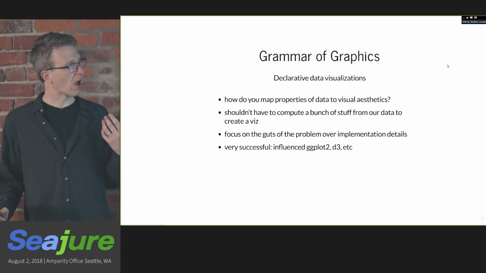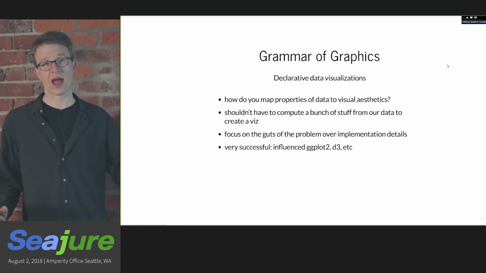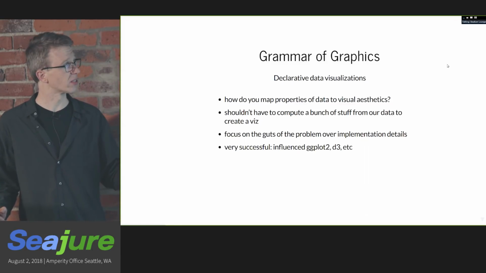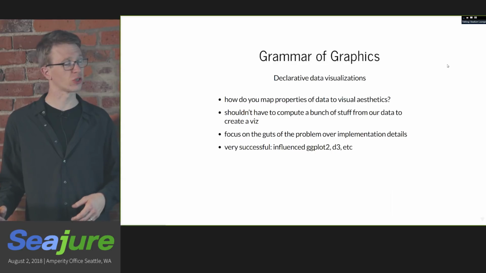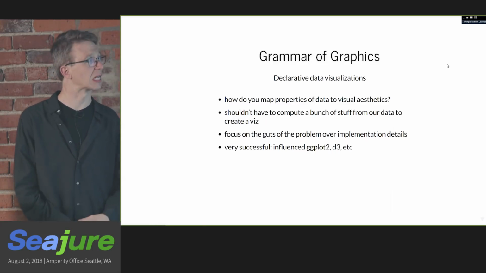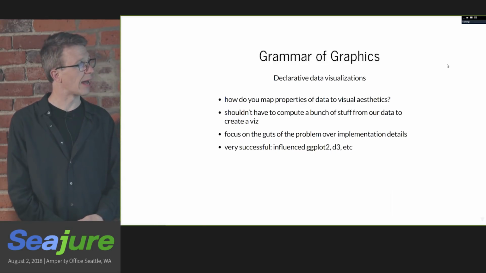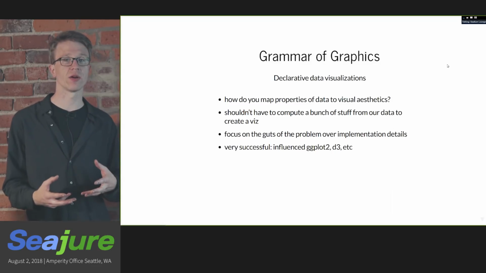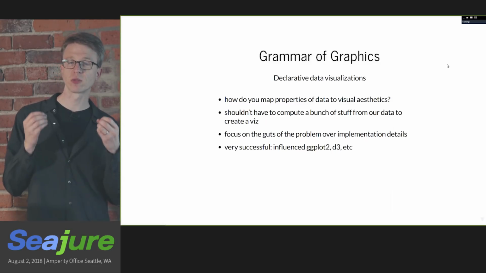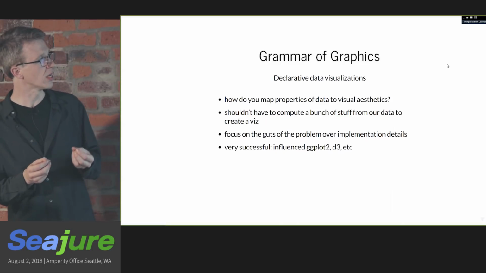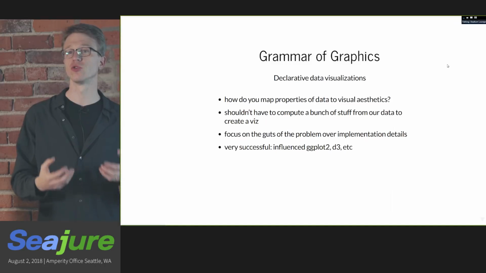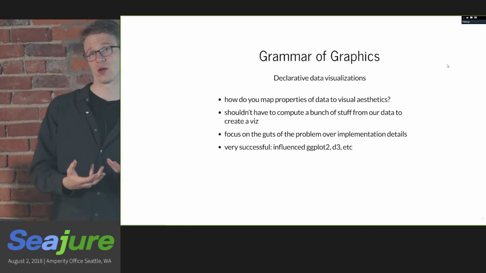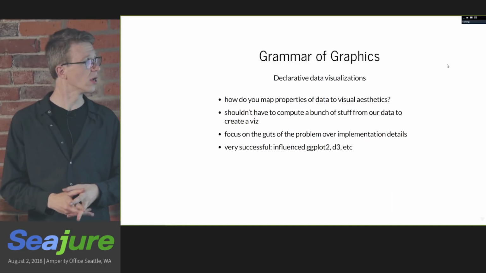One of the, I think one of the greatest things to happen to data visualization and data science is the grammar of graphics. And this was a book that was written which describes this sort of method for doing declarative data visualizations. And the core idea here is that the grammar of graphics tries to boil down the problem of data visualization to this simple question of how do you map properties of data to visual aesthetics of a data visualization, right?